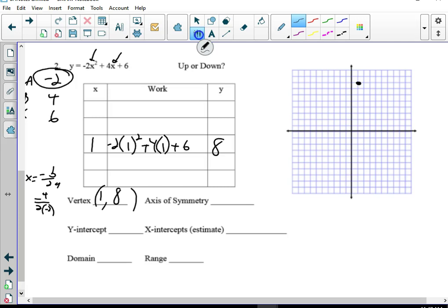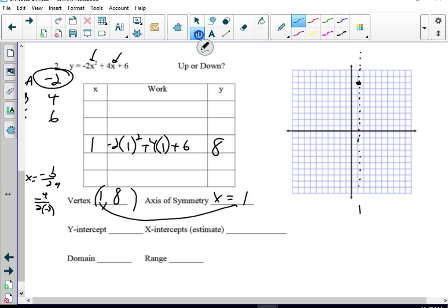Now where's the axis of symmetry? Remember, go ahead and put that dotted line right there. That's the axis of symmetry. How do we get the line? That's x equals 1. And it's not that hard, guys. Look, it's literally just the x-coordinate from right there at the vertex. Every vertical line is x equals something.